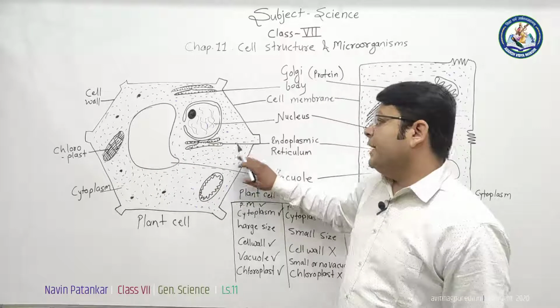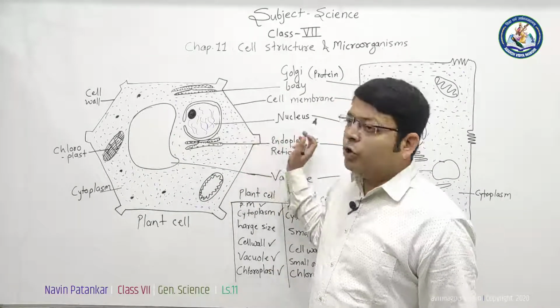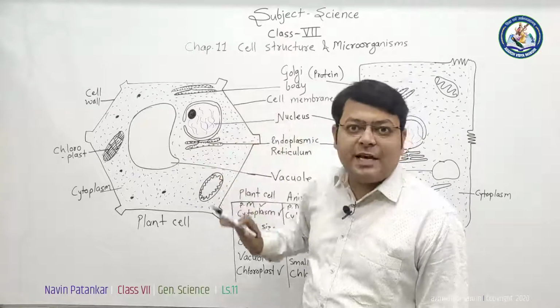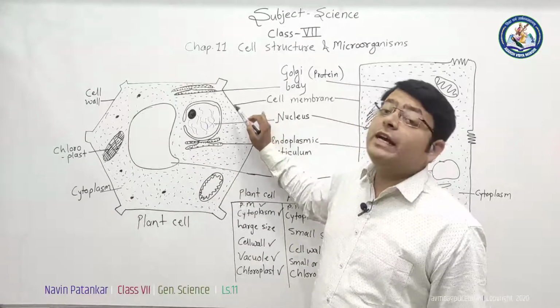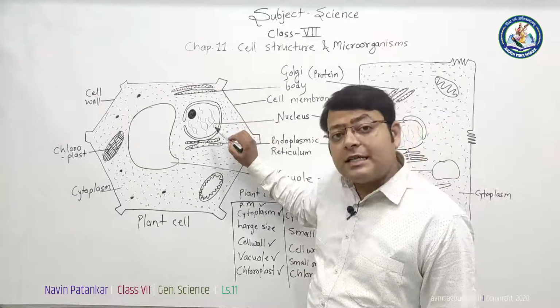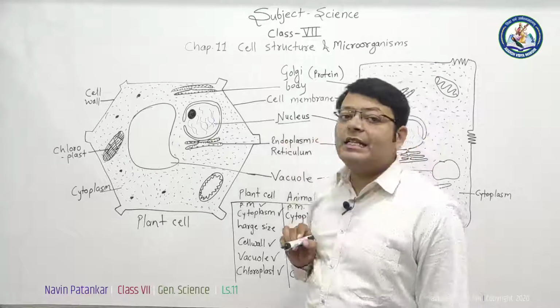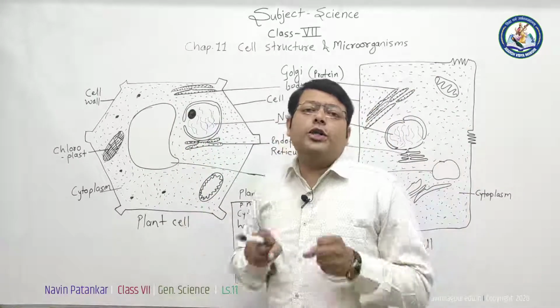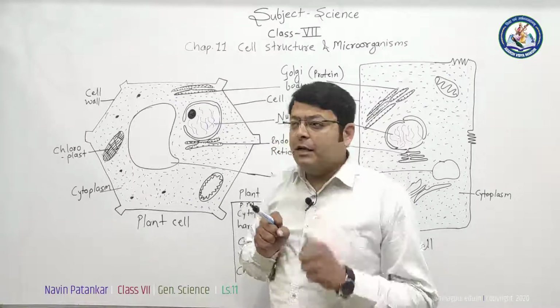After that, the endoplasmic reticulum is present in both cells, plant cell as well as animal cell. Then the Golgi body is present, and the nucleus is present in the plant cell and animal cell also. What is the function of the nucleus? It controls the whole activity of the plant cell and animal cell.